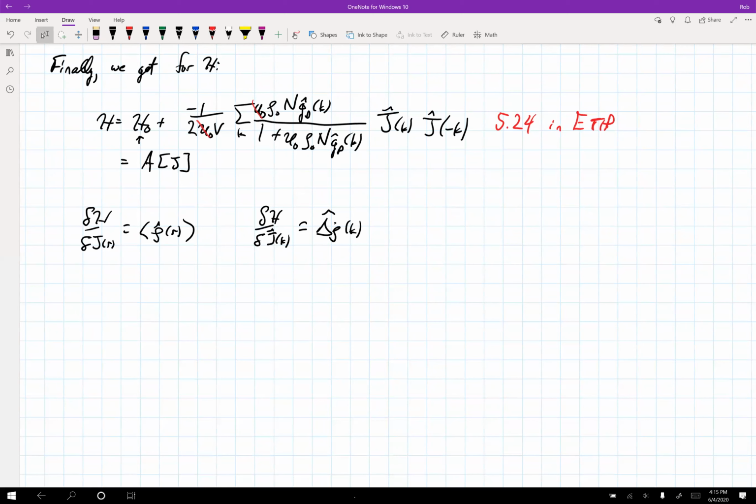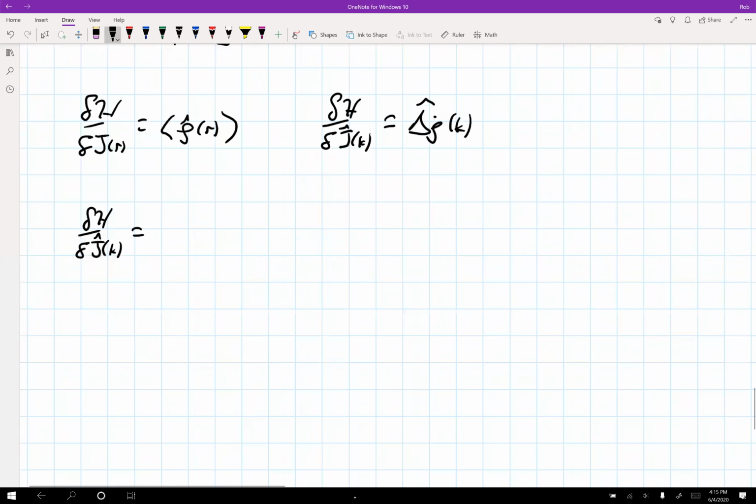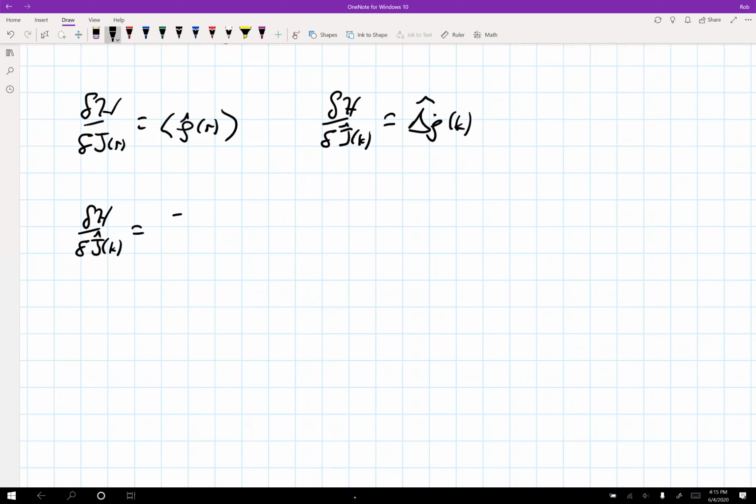And so what we get for our dH dj hat of k is just simply minus rho naught n g hat of k over 1 plus u0 rho 0 n g hat of k. And so let me see something.